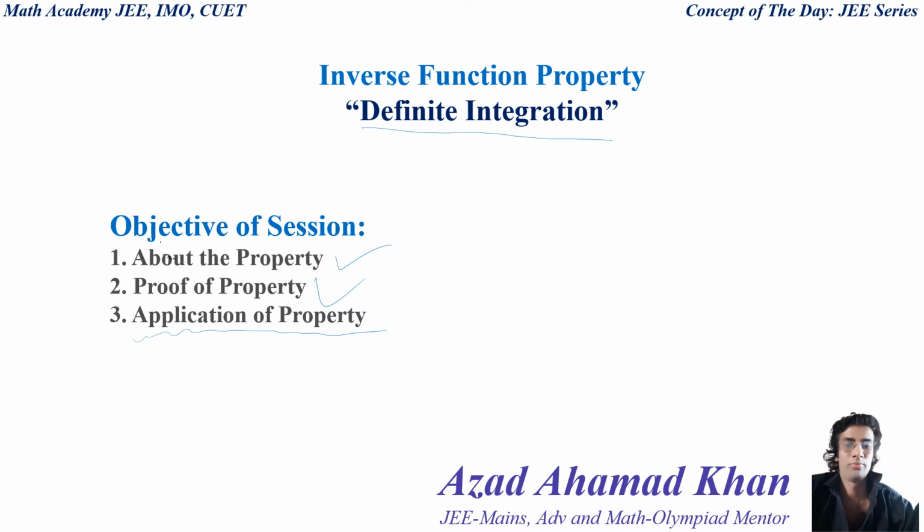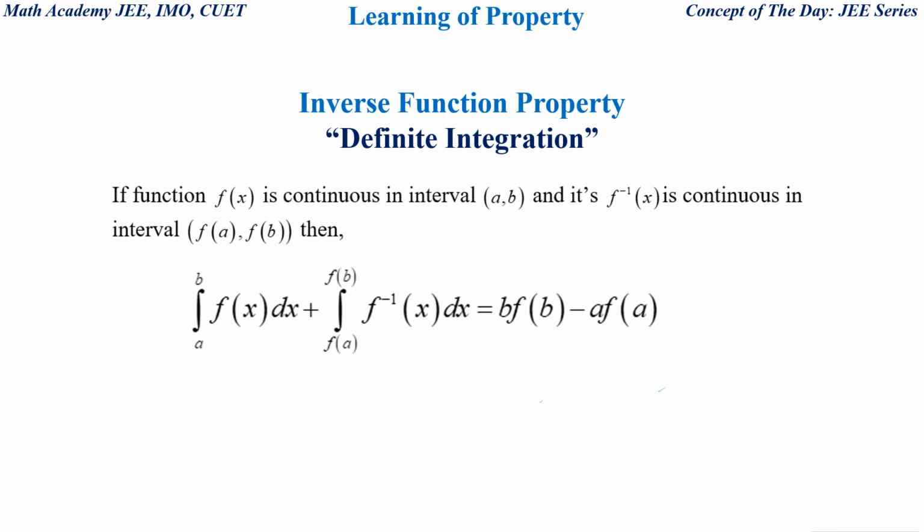About this property. If there is a function y is equal to f(x) which is continuous in the interval a to b and its inverse is also continuous from f(a) to f(b), then a relation exists between the function and its inverse like this one.